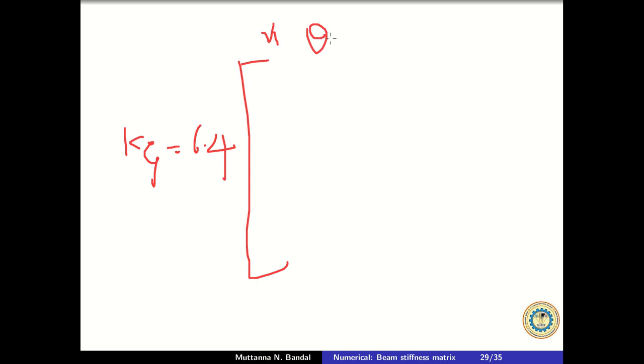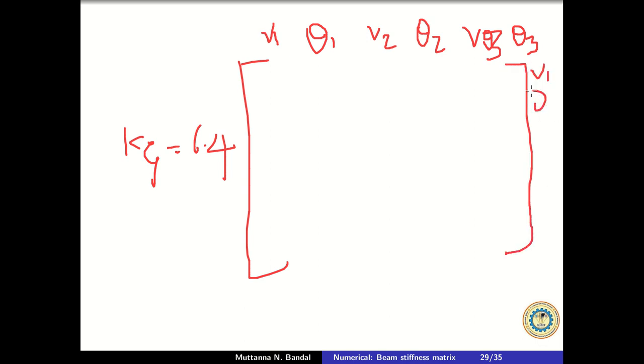So for assembly, I will just show it. So Kg is equal to, 6.4 as it is outside, and here I have to form a 6 by 6 matrix, with columns V1, theta 1, V2, theta 2, V3, theta 3, and corresponding rows V1, theta 1, V2, theta 2, V3, theta 3.